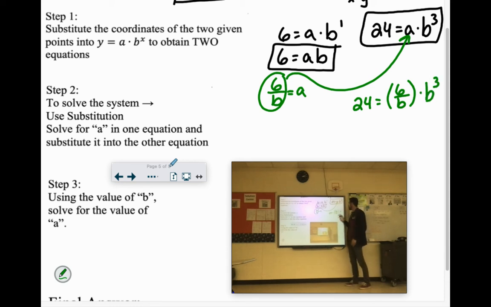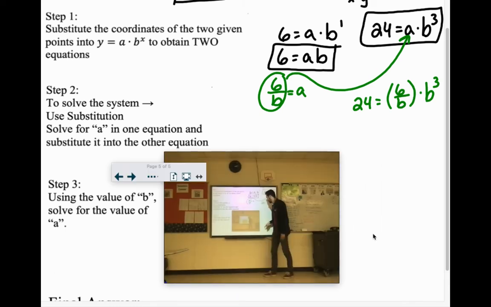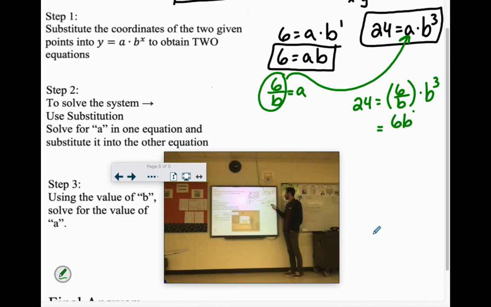Now, if we were to rewrite this and mush it together, I'm going to scoot over here. When you multiply a whole number times a fraction, it just gets multiplied in the numerator. So this would be 6b to the third over b equals 24. Now b to the third divided by b would be b squared.